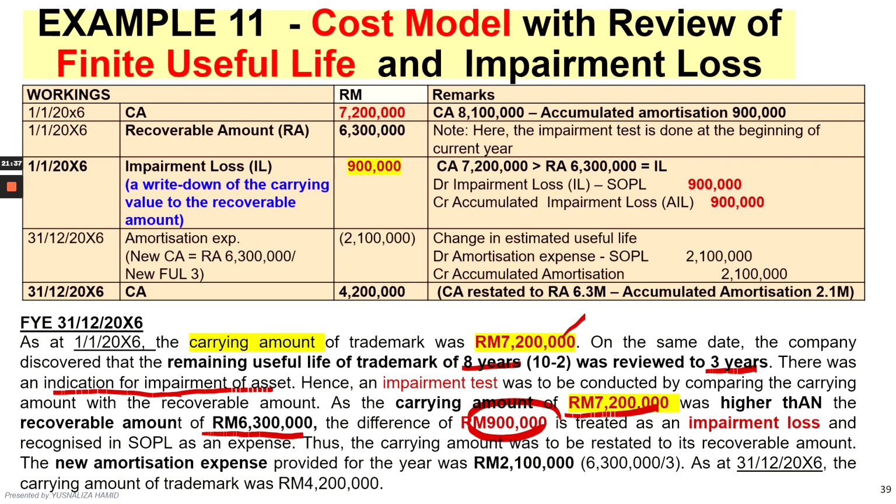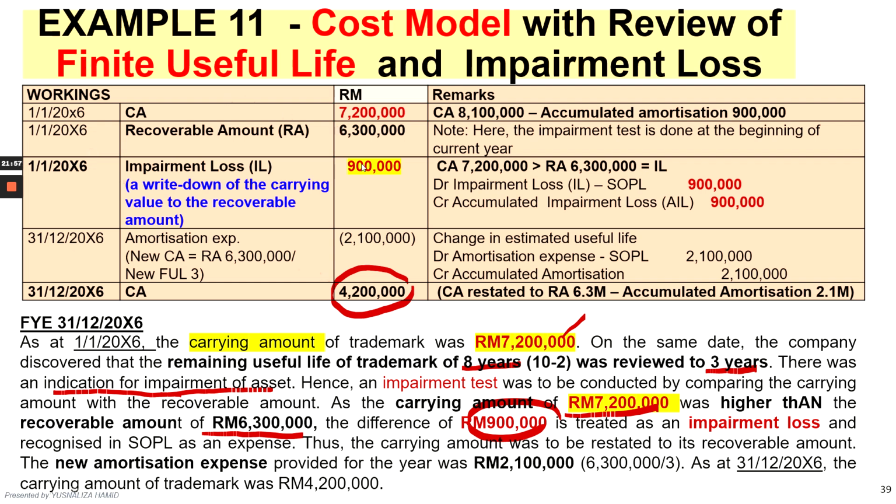And the new amortization for the year was 2.1. By 31st of December, year 6, this is the new carrying amount, right?